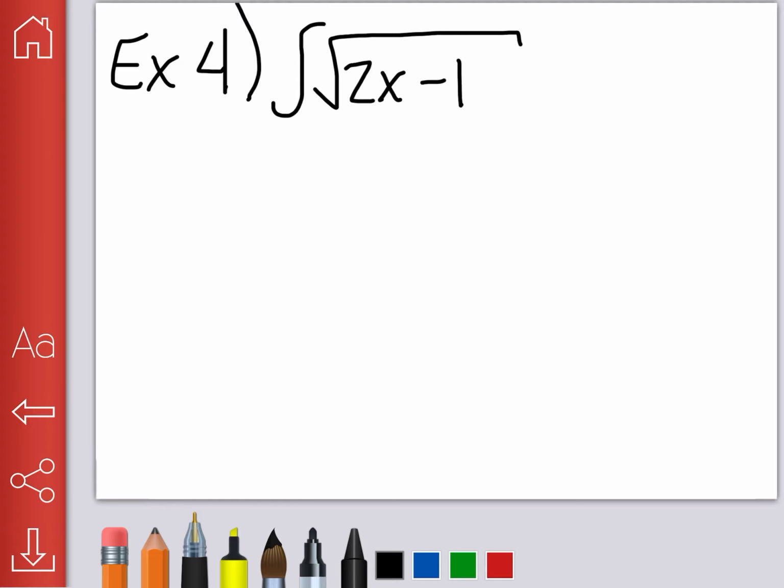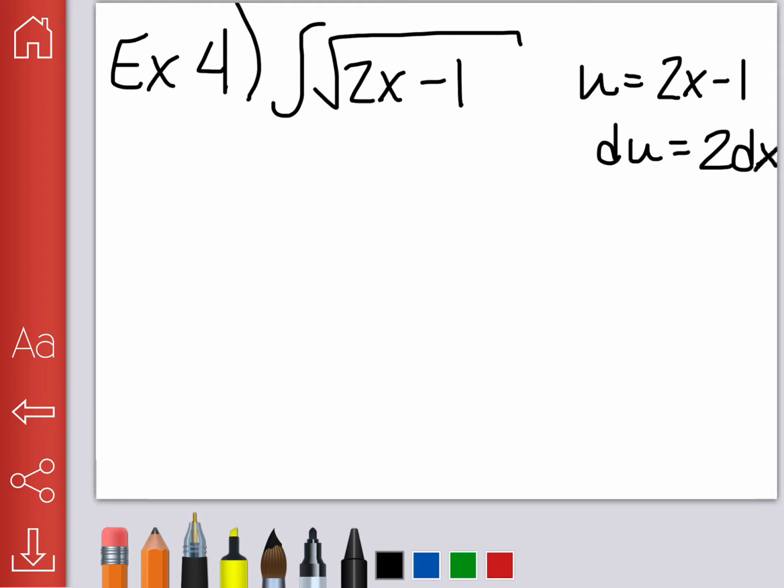All right, there's really only one thing for us to do here. And that is for us to do 2x minus 1 as our u. And that would leave our du to be 2 dx.